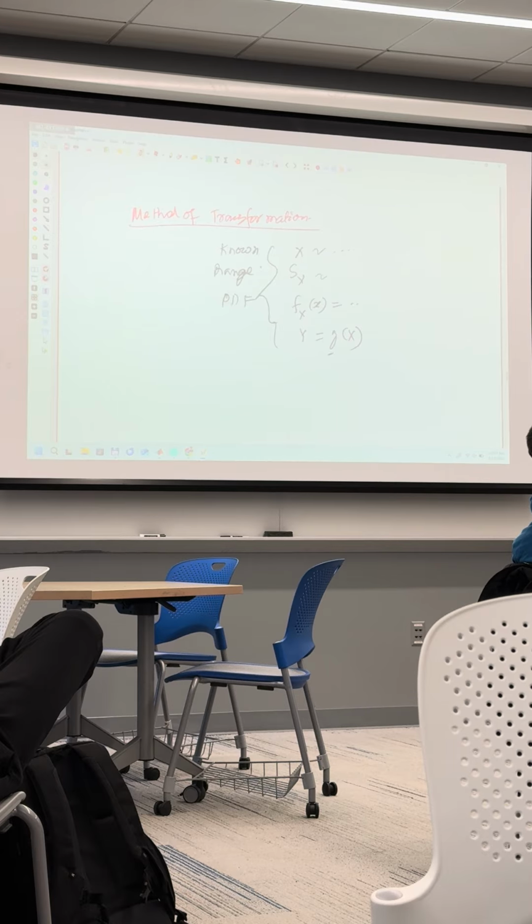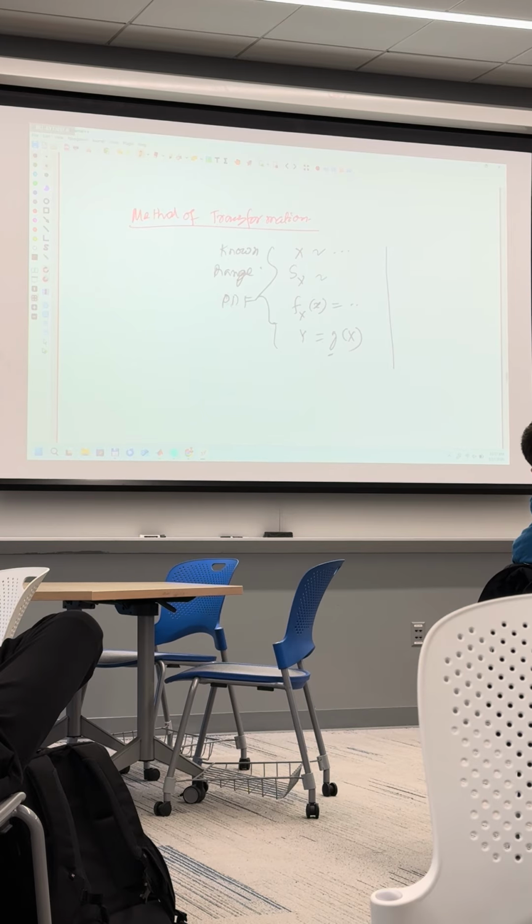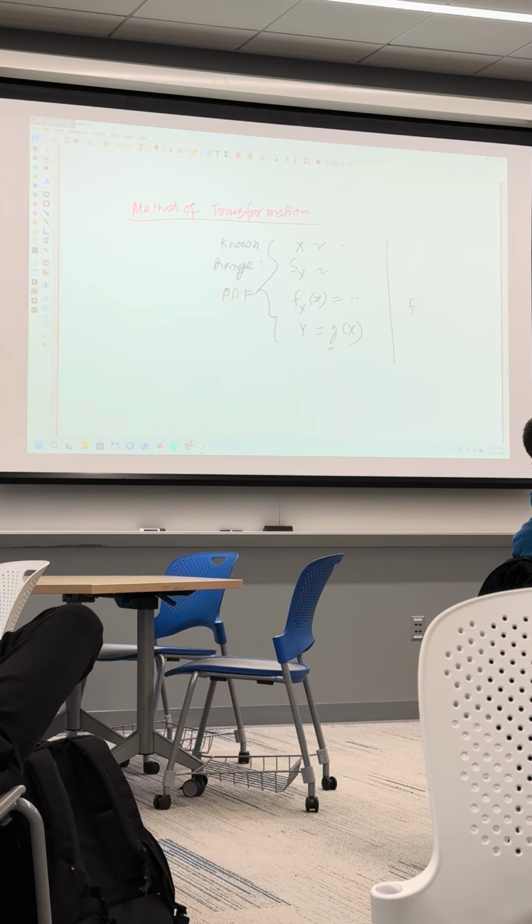Look, what does the method of transformation do? When you want to find the PDF of a certain quantity, in this case we want to find the PDF of y, you need to find the CDF of y first.